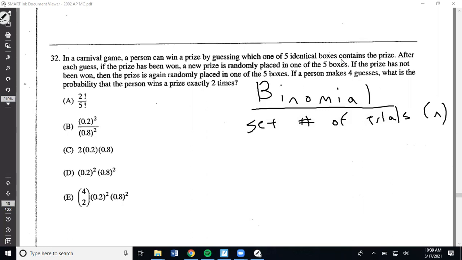So we have a probability P of a thing happening.